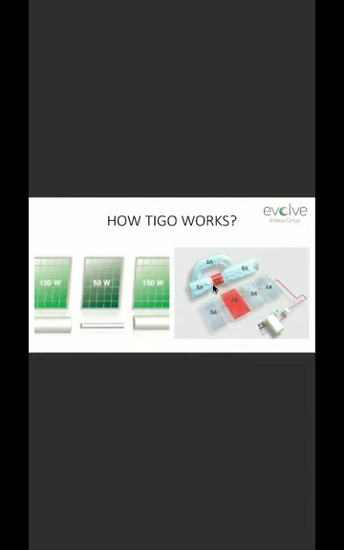So the Tigo is connected to a solar module. It will completely analyze the resistance of the module. If the resistance of the module is getting higher and higher, it creates a tunnel like this. You can see the 3 amps current is passing through a tunnel. Like I can drag in here, right? Is the tunnel present all the time? No, the tunnel is not present all the time.